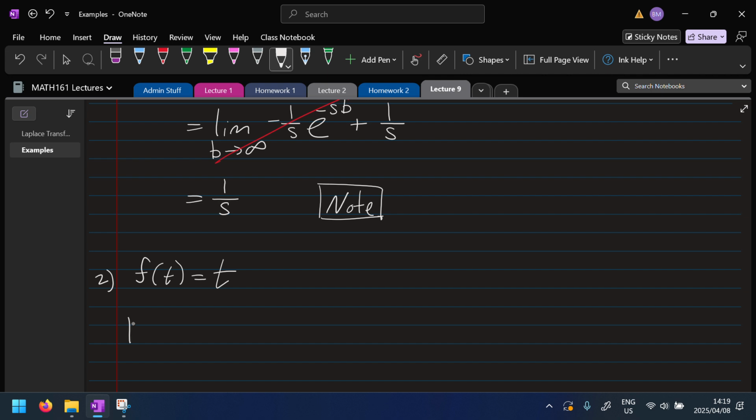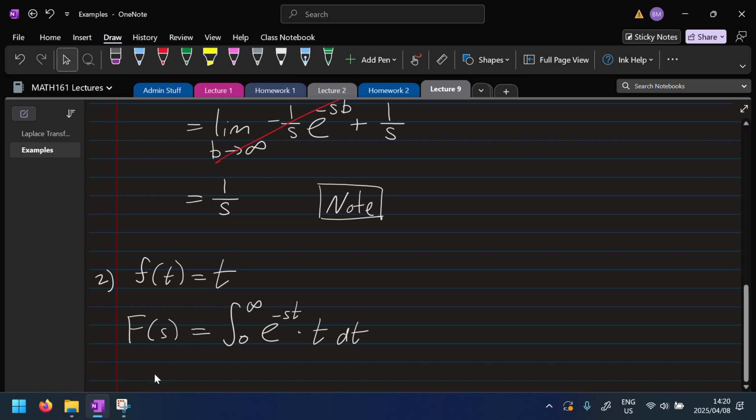So here we want capital F of s. This is going to be equal to the integral from 0 to infinity of e to the minus st, and then we're going to have t as our function there. Now there are two ways to proceed from here.